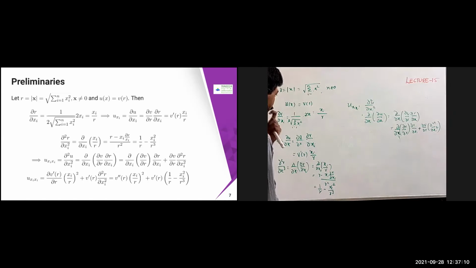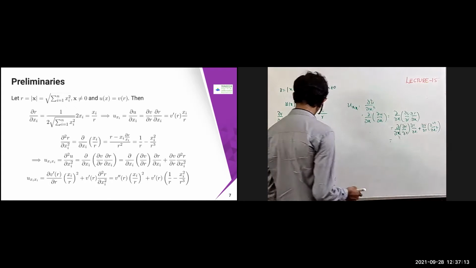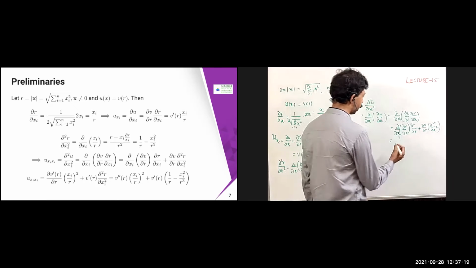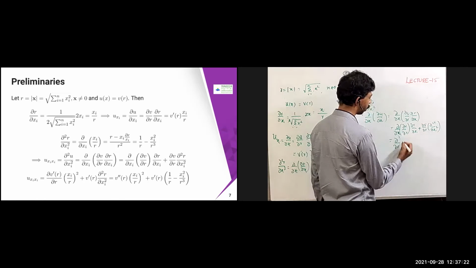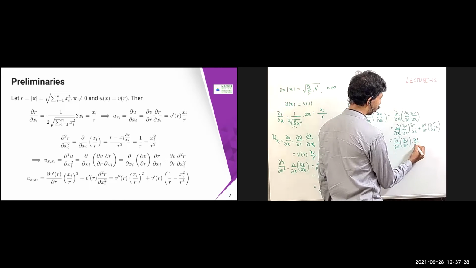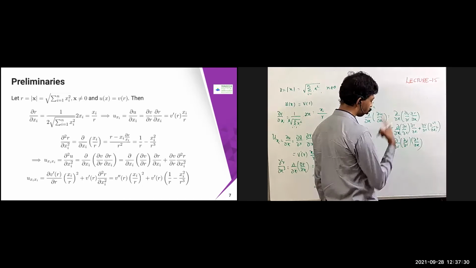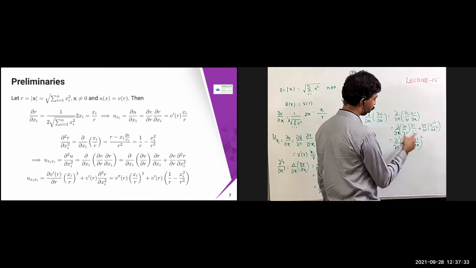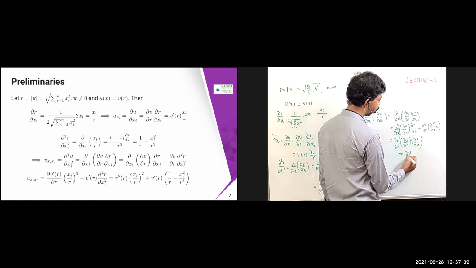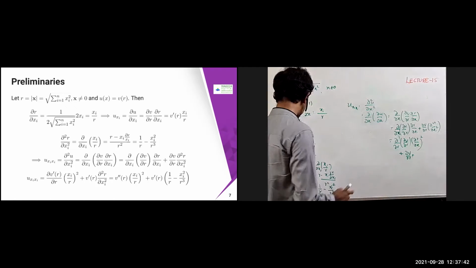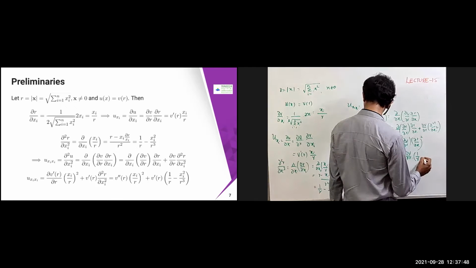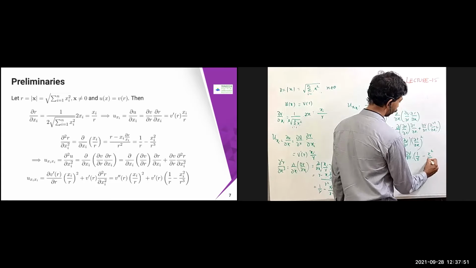Now I have to calculate ∂/∂ξ_i of ∂v/∂r. Again I use that: this becomes ∂/∂r of ∂v/∂r into ∂r/∂ξ_i. Here ξ_i is there, so I change it into r, and therefore multiply another ∂r/∂ξ_i. So ∂r/∂ξ_i squared plus ∂v/∂r times ∂²r/∂ξ_i², which we already calculated to be 1/r minus ξ_i² by r³.